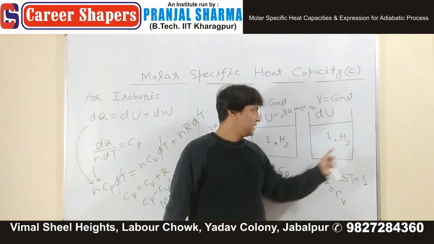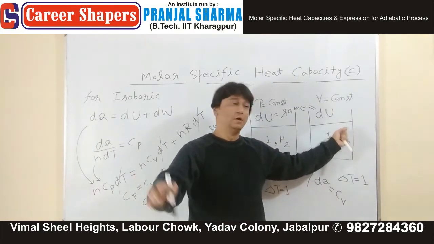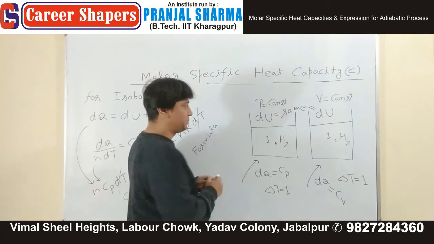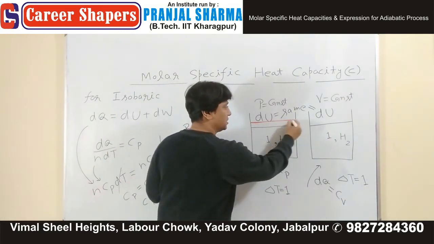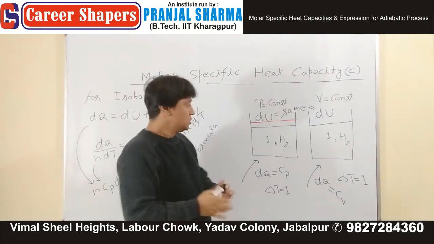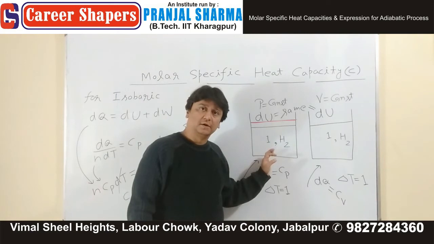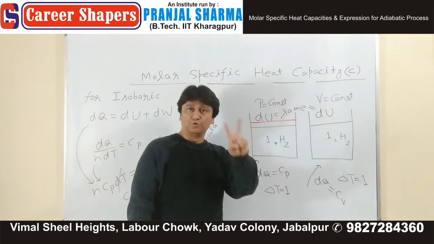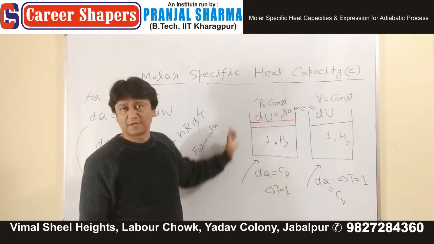Volume is constant. This piston does not move at all. Pressure is constant. Piston moves and occupies this new position. So in this case, when you supply heat, it is being used in two parts. One is changing the internal energy, and the second part is what?